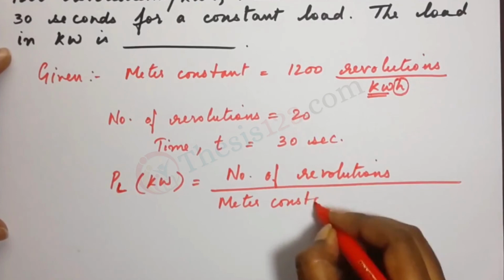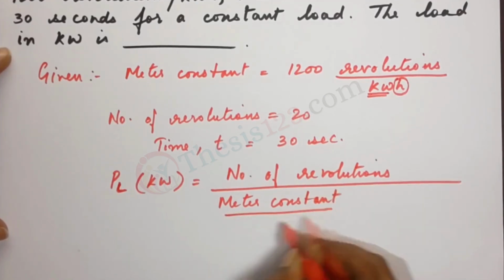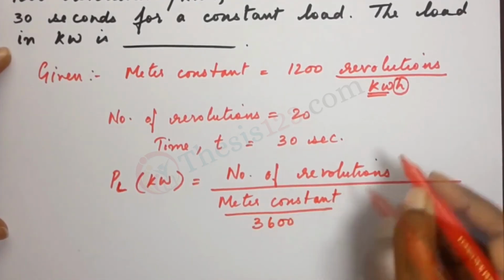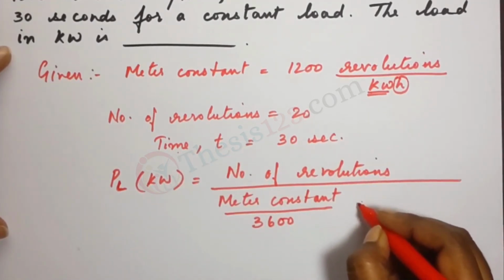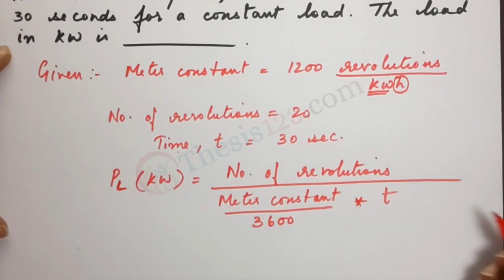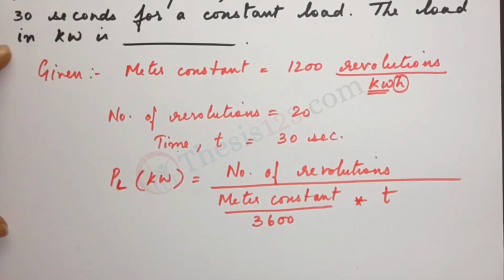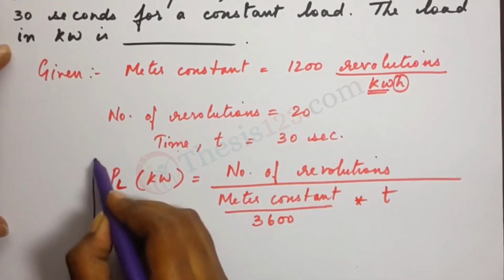So it would be constant divided by 3600, because in 1 hour we have 3600 seconds and we write the time in terms of seconds, into time t. Okay, so this is our expression for the power, the load power.